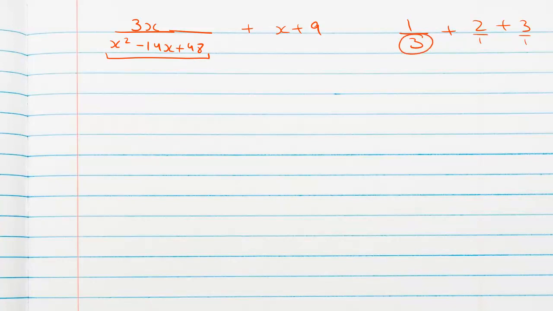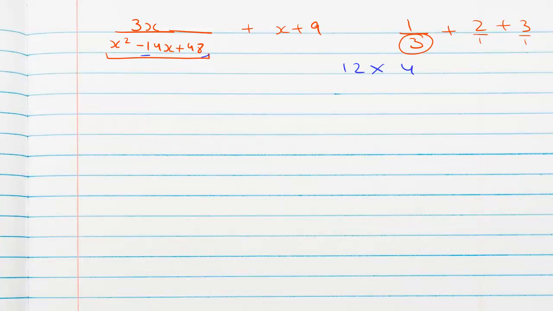So for this we will factor, and now we need two numbers that give 48 when we multiply, and the sum should be negative 14. Well, you can think of 12 times 4, that is 48, but with subtraction or addition we don't get 14. So let's say 24 times 2.